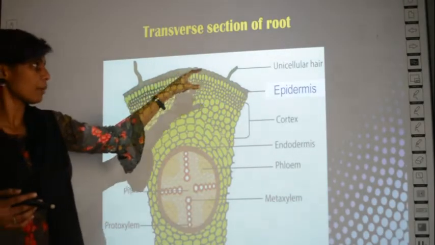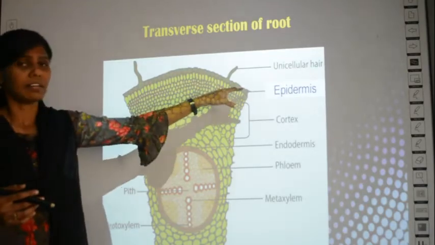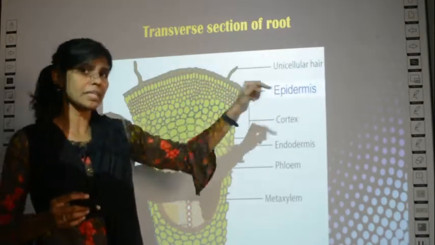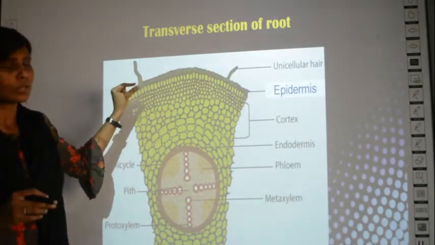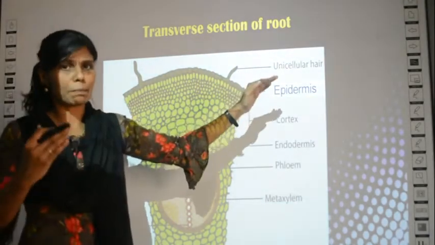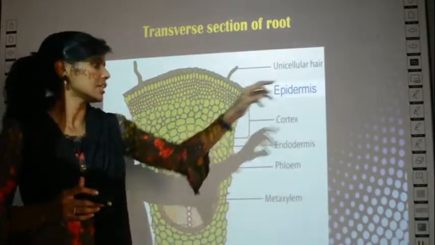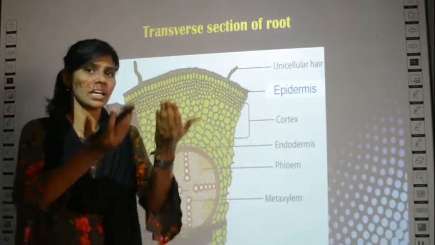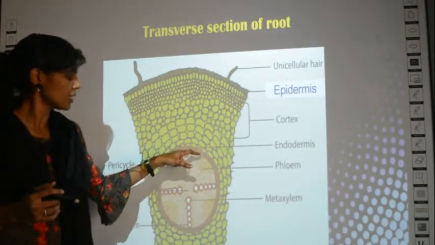We can start from the outer layer. The outermost layer, this darkest green, is the epidermis. One single layer, can you see, dark green? So this is called epidermis. Epi means outer. So the outermost region is epidermis, and you have here endodermis, that is the inner region. Can you see two brown color circles?